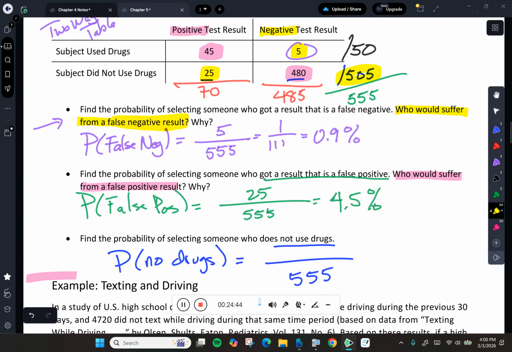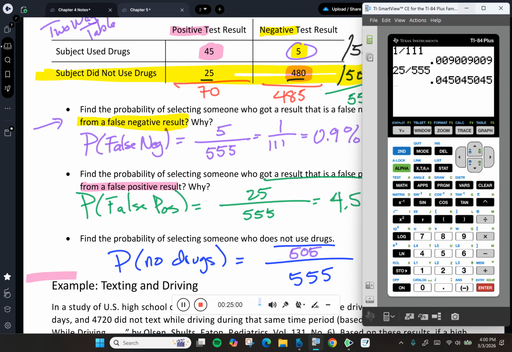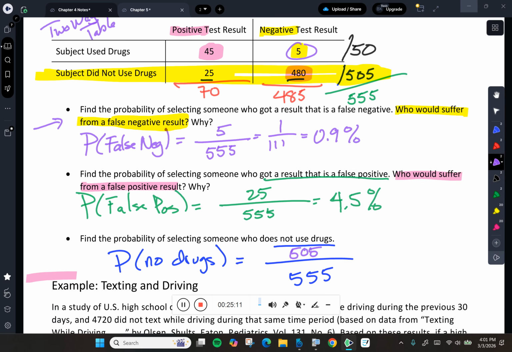It's all the people who didn't use drugs, so everybody who lives in that second row. So that's going to be 505 out of 555. And it's, what is that, 91%?